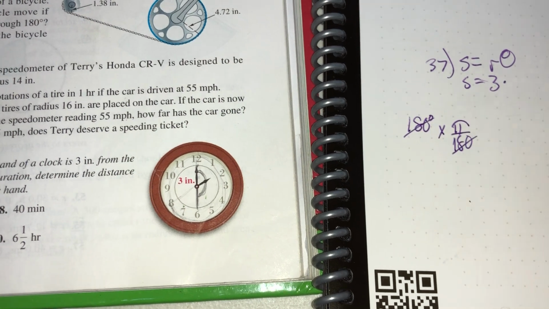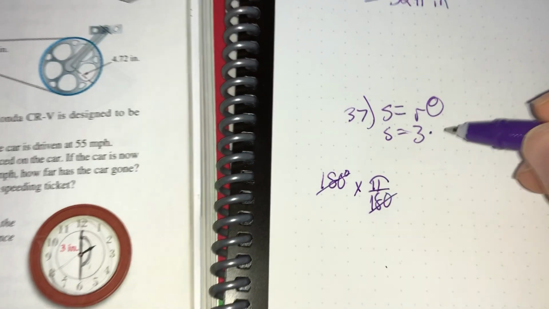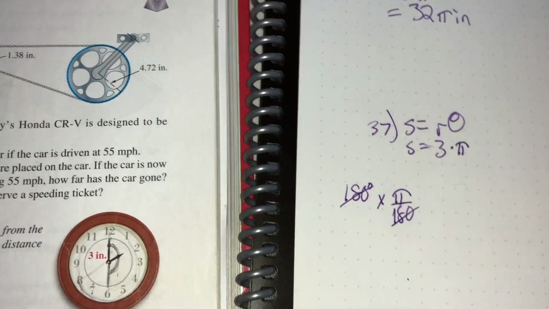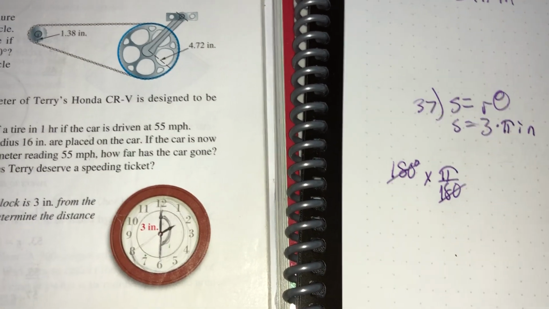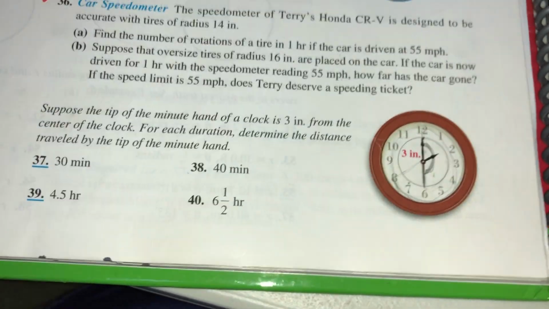So 180s cancel, you're left with just pi. So that means that theta in that case is just pi. So the S is just 3 pi. What are my units again? Inches. That's it.